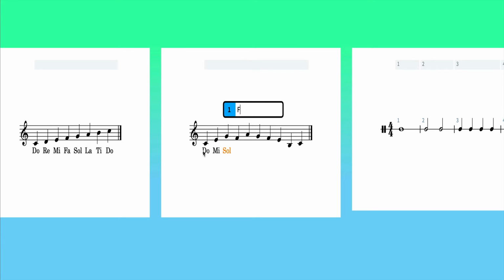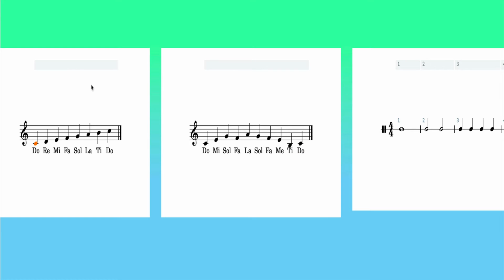And then we have fa, la, sol, fa, mi, ti, which is down below our starting C, and then do. Sorry about my typing there.